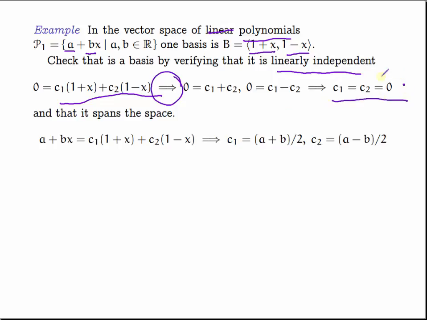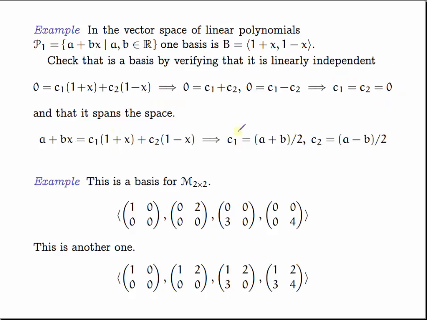The second thing you have to show is that these two polynomials do span the space of linear polynomials. So write an arbitrary linear polynomial as a linear combination of the two polynomials in the basis. You can solve for C1 and C2, and that shows that I can always express any linear polynomial as a linear combination. The span of these two vectors is the set of linear polynomials.